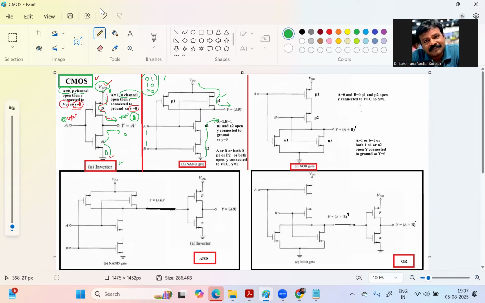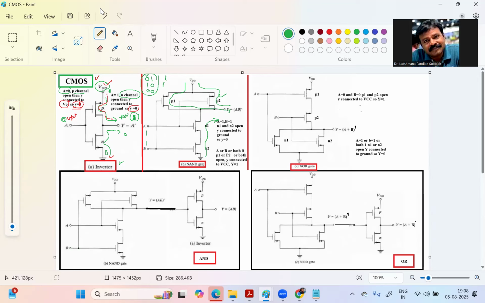Here A is 0, applying that A 0, P2 is open, then this is connected and we get 1. Then if you apply 0 to B, that P is open, then this is connected with VCC, so we get voltage 1, right?